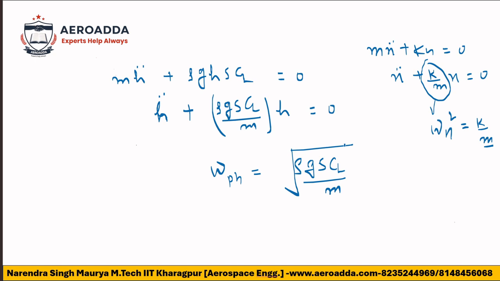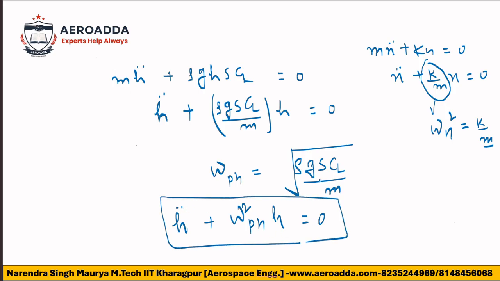Very important actually. Ultimately, if you see the standard format, H double dot plus this value is nothing but omega square H. It is just like your vibration equation. For this, you can write x double dot plus omega n square x, where omega n square is equal to k by m.